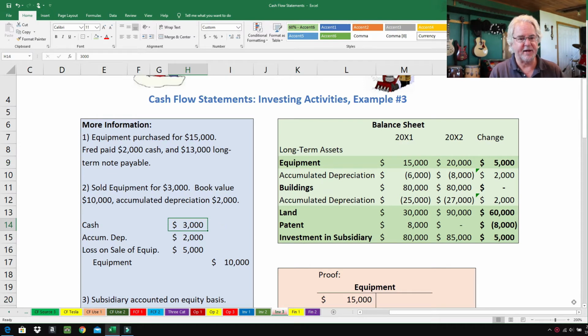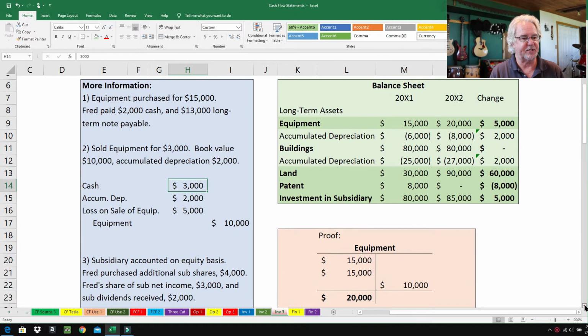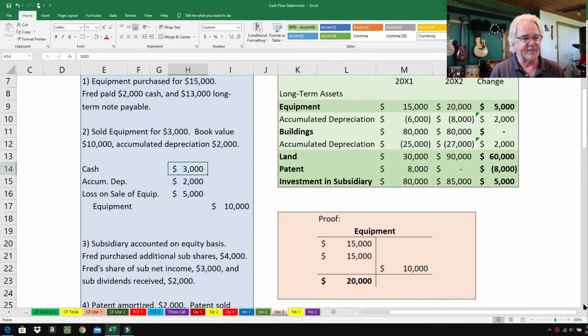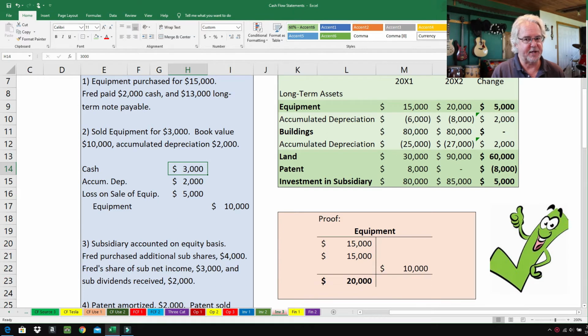Now, here's another thing that I like to do for the investing section: I like to double check my work and make sure that I'm doing this right. And oftentimes what I'll do is draw a T account. Here's a little T account that I drew for equipment. Equipment started out at $15,000, ended up at $20,000. Can I reconcile how it got from 15 to 20?